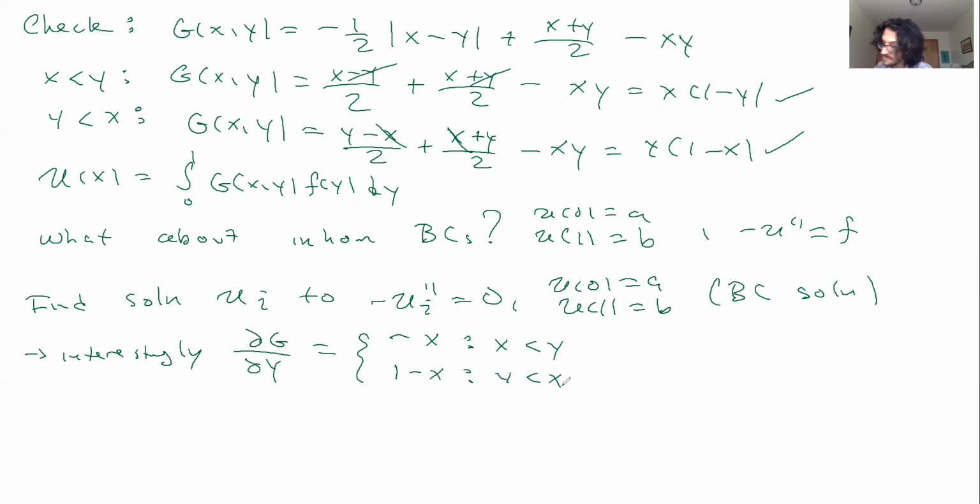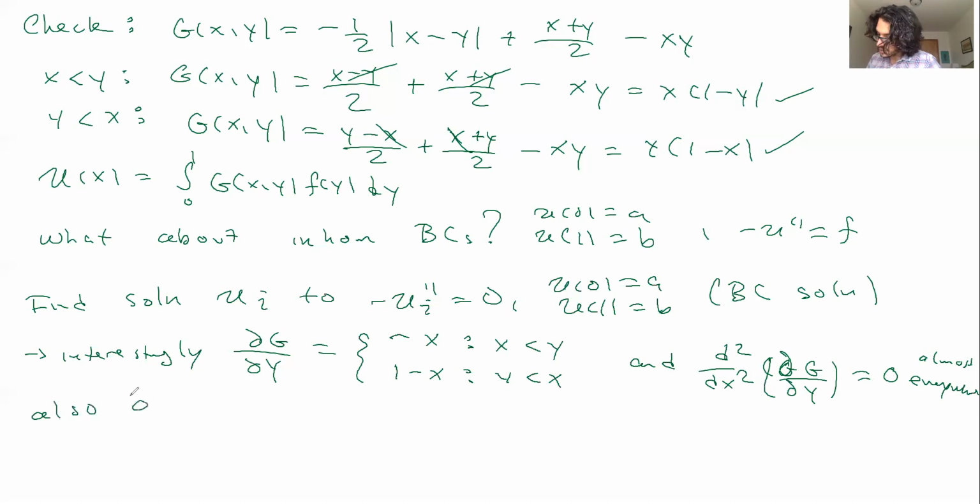Okay. And we know that the second derivative in x of dg/dy here is equal to 0, basically almost everywhere.